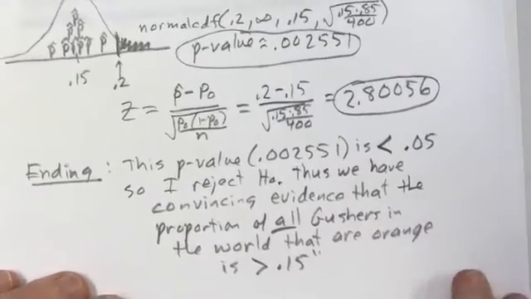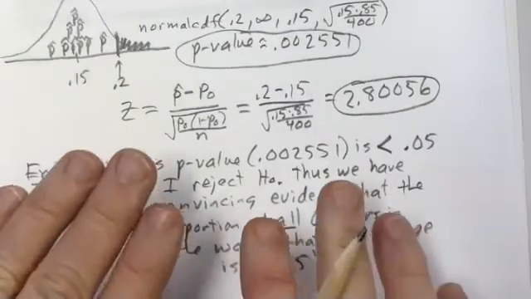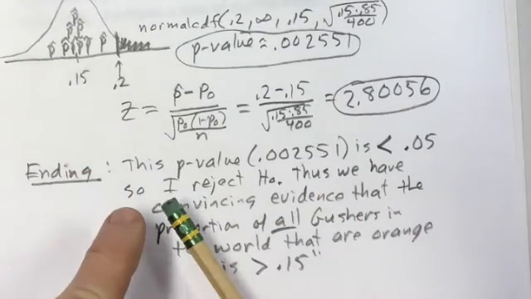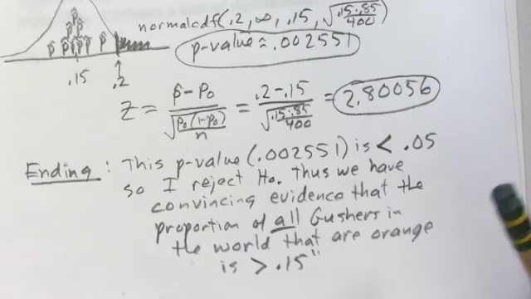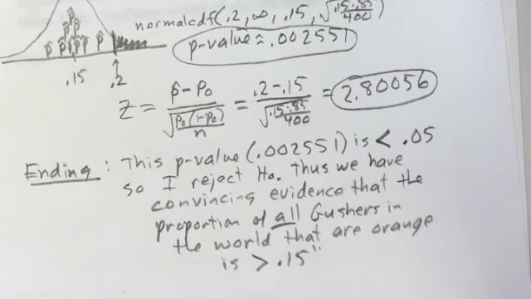So there you go. In your ending, you're always going to talk about using your p-value to make a decision to reject or fail to reject the null, and whether you have convincing evidence for the alternative. In this case, we do, because we get a low p-value.